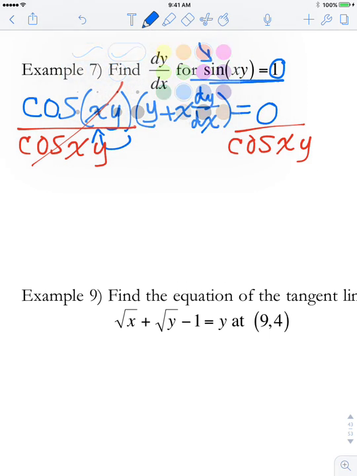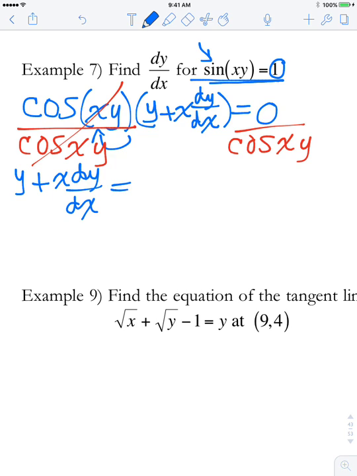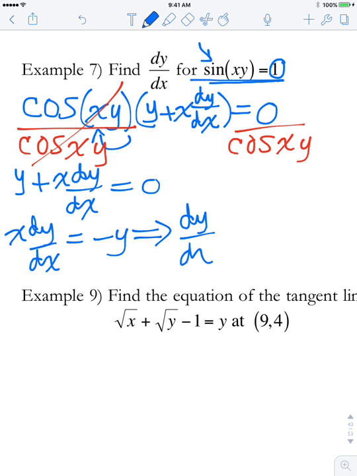And so now I'm left with y plus x dy dx equals 0. I'm going to subtract y: x dy dx equals negative y. And my final answer, because I want to divide both sides by x: dy dx equals negative y over x. And we weren't given an ordered pair here to evaluate the function.